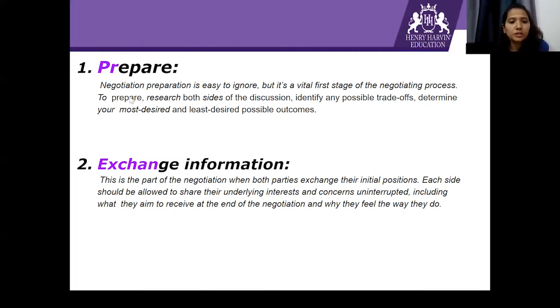And determine your most desired and the least desired possible outcomes. So what do you mean by determine your most desired and least desired possible outcomes? If we are talking about the rental activity, the most was, they wanted 12,000 rupees rent.